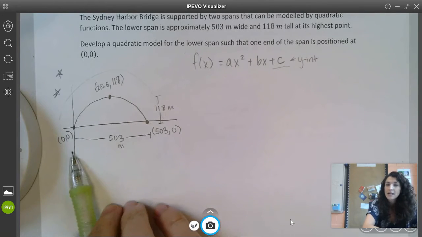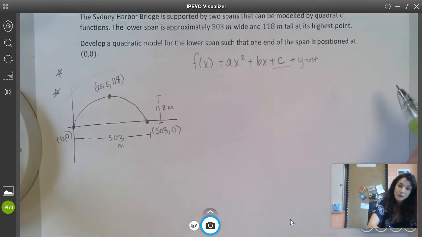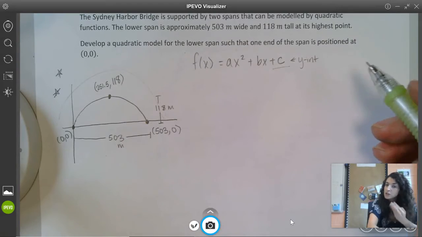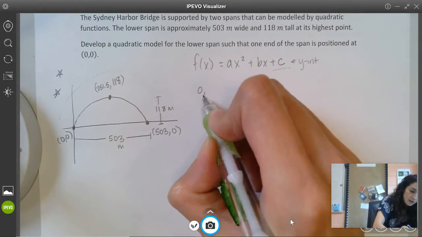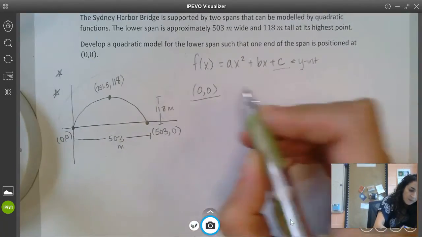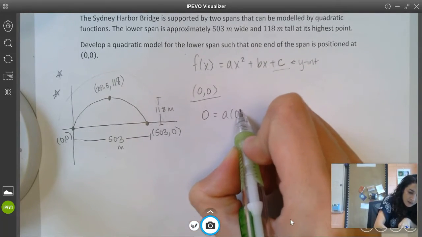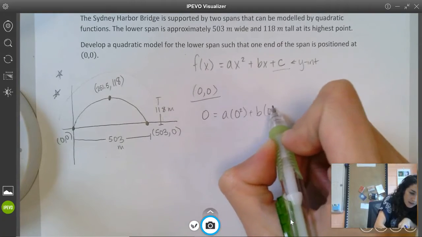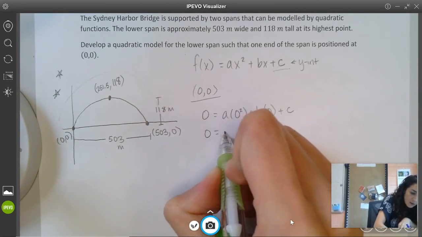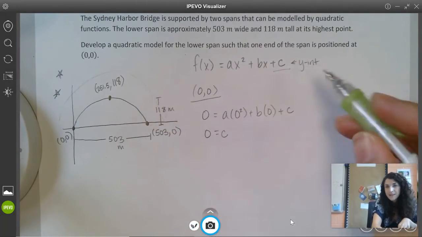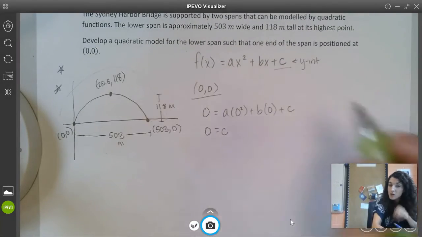So right now we can tell that c is equal to 0. You could also just plug in the point 0, 0. Boom, which looks like a face. 0 equals a times 0 squared plus b times 0 plus c, and we get 0 equals c. It's your y-intercept.